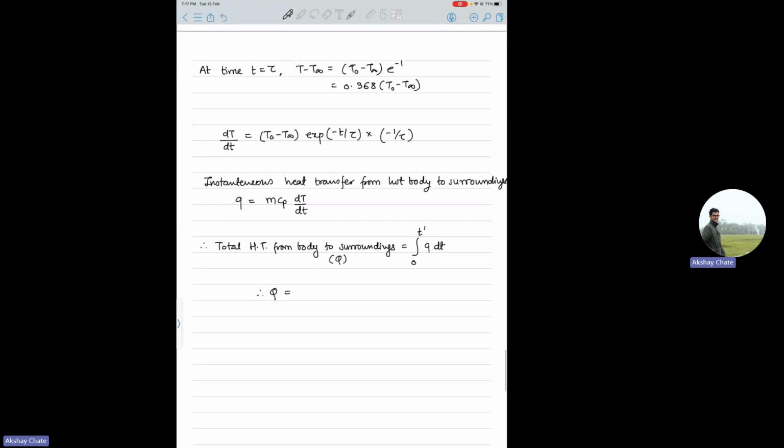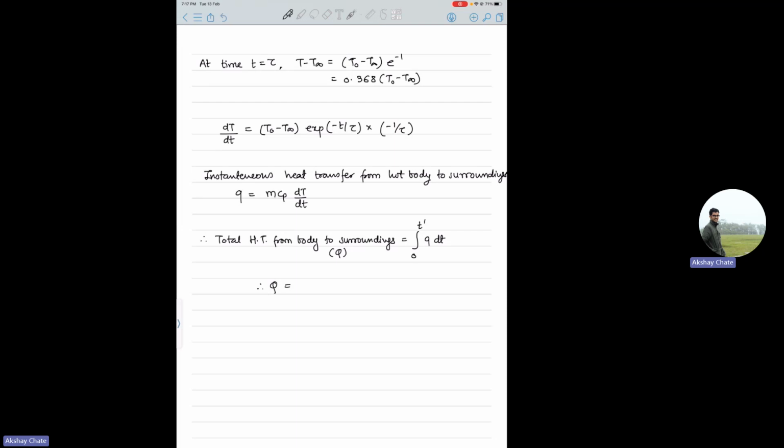This is your Q. It comes out to be rho V cp (T naught minus T infinity) into (e to the power minus Biot number times Fourier number, minus 1). This part is nothing but your m cp delta T, right? In addition to that, you have this additional factor that comes because of the, what do you say?